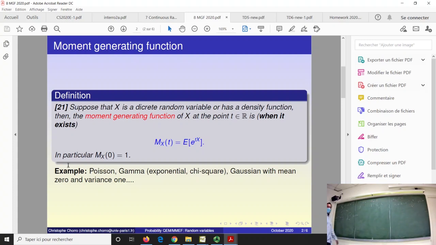What I want to compute is the expectation of the exponential of t capital X. From the definition of the expectation in the discrete case, it will be a sum from k equal to 0 to plus infinity of exponential t k multiplied by the probability that X is equal to k, that is exactly what I write in here.